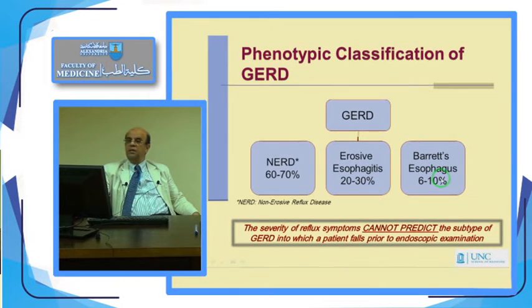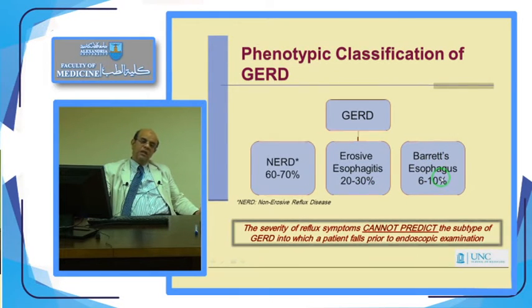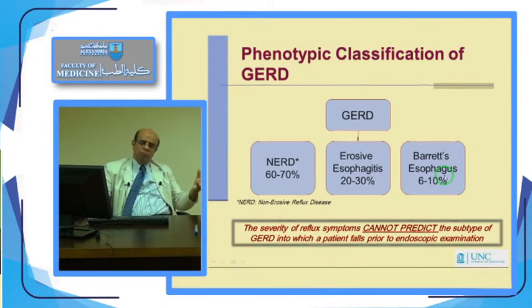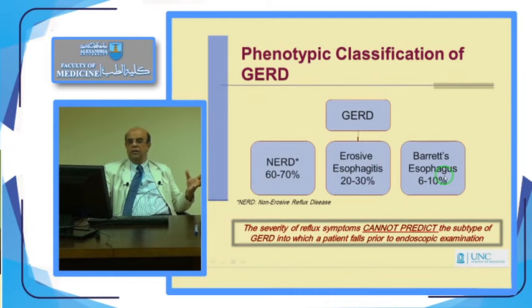At the end of the spectrum, the squamous epithelium undergoes metaplasia into columnar lined mucosa of the lower esophagus, which is Barrett's, and this metaplasia, if it is of the intestinal type, has a probability of around 5 to 10% to turn malignant, forming adenocarcinoma.